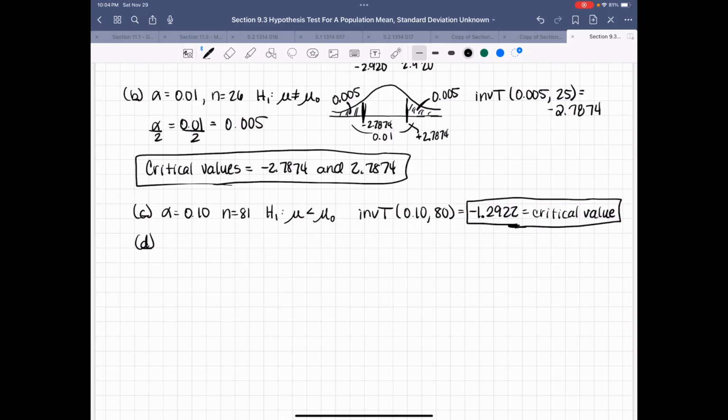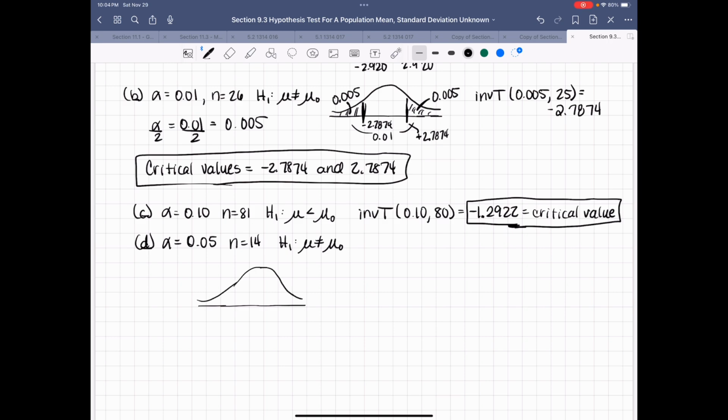D, I have alpha equals 0.05, n equals 14. And this time, that alternate hypothesis is mu does not equal the null, okay? So don't let it trick us this time. So what am I really looking at here?